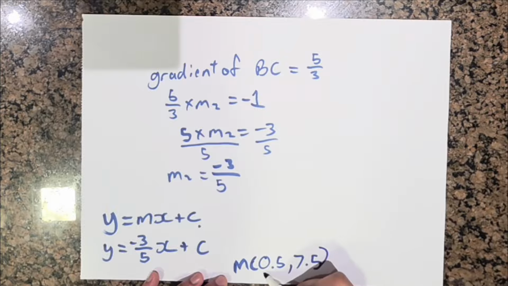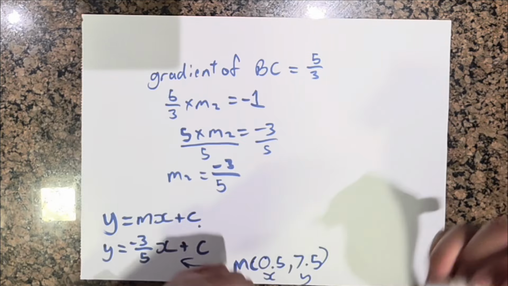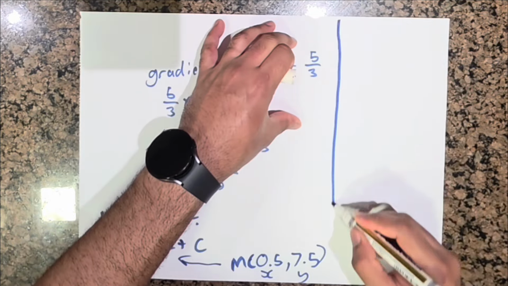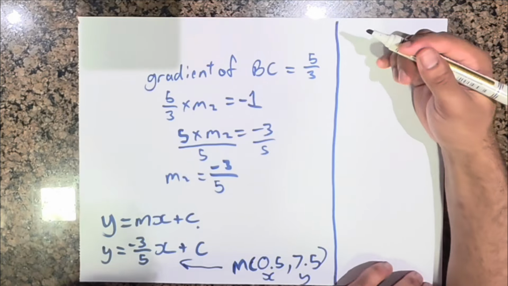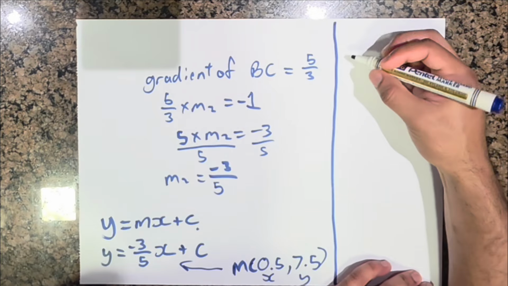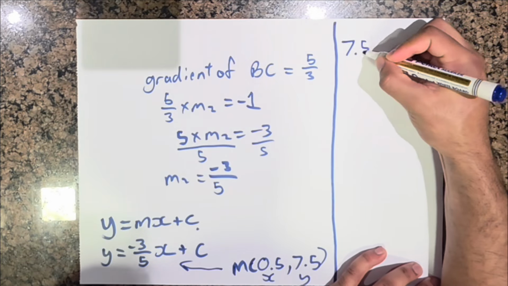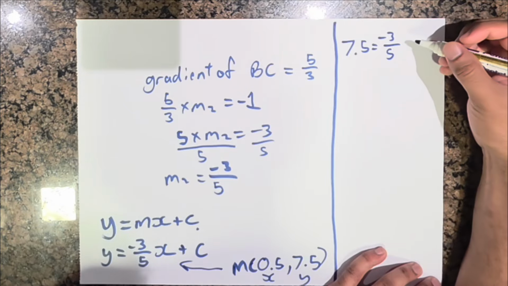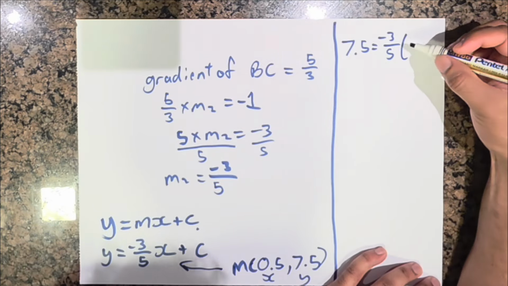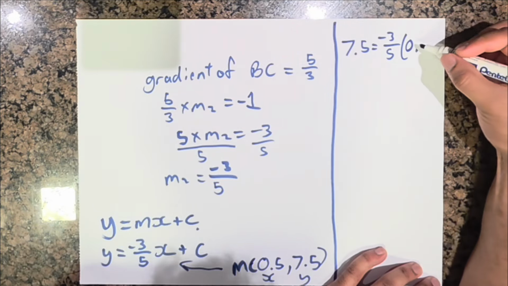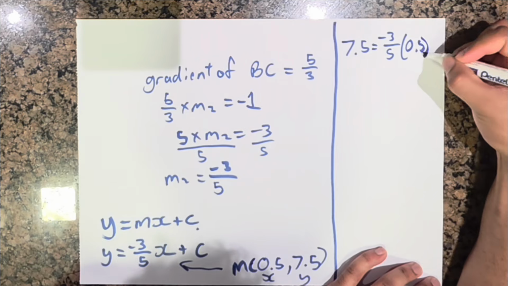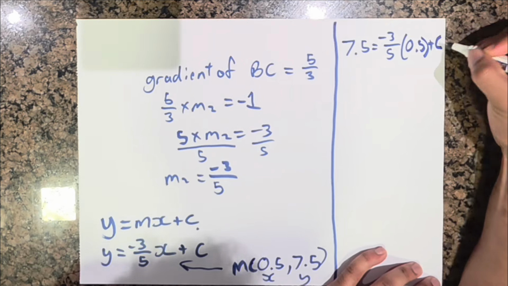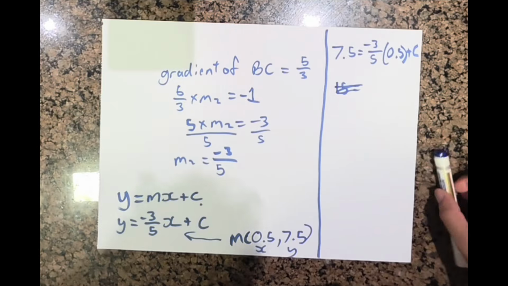We're going to take this as x and this as y and put it into the equation in order to find the c value. So we're going to say 7.5 is equal to negative 3 over 5 multiplied by 0.5 plus c.